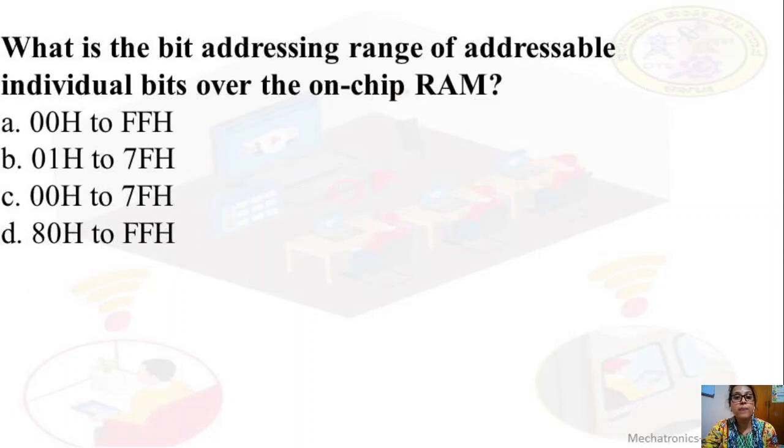Next, what is the bit addressing range of addressable individual bits over the on-chip RAM? That is from 00H to FFH, 01H to 7FH, 00H to 7FH and 80H to FFH. What is the bit addressing range of addressable individual bits over the on-chip RAM?